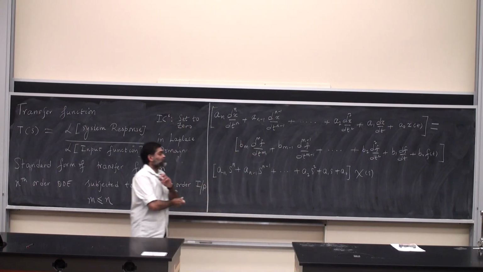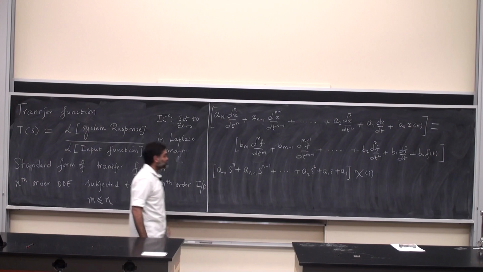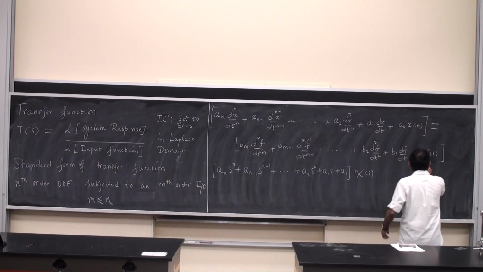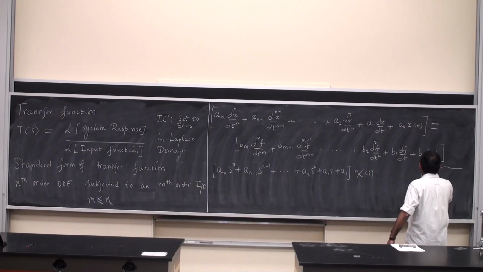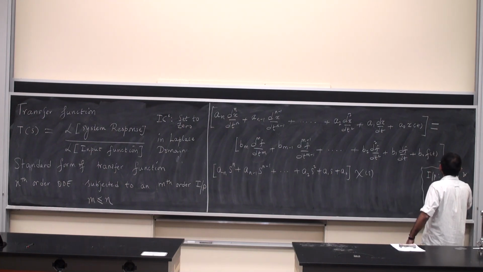X of s is the Laplace of the dependent variable. So in this case, the dependent variable is x of t. I'll note that down somewhere here. Input f of t and derivatives.